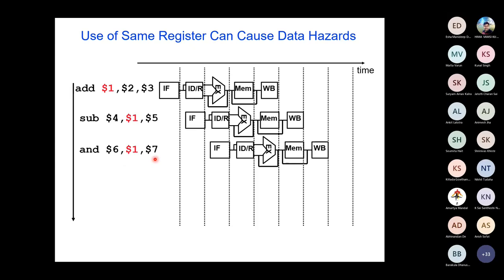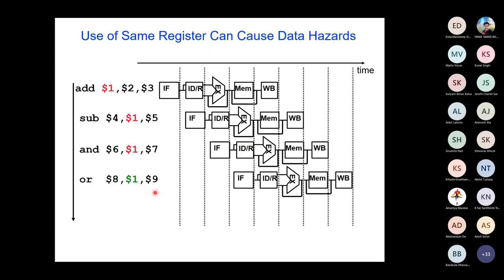Okay, consider another instruction here. Here also the same problem. You are reading here, but the update is being done here. Still, there are conflicts. How about this? This I have shown in blue, green.